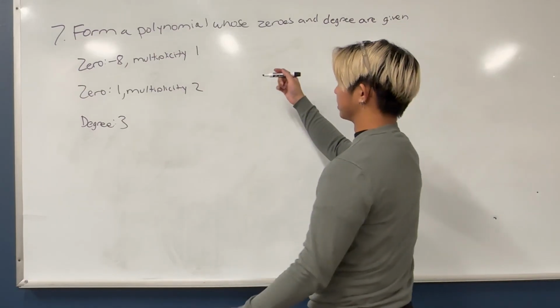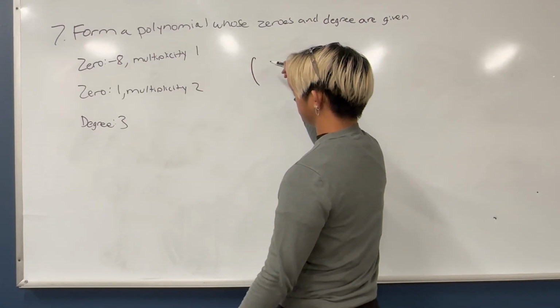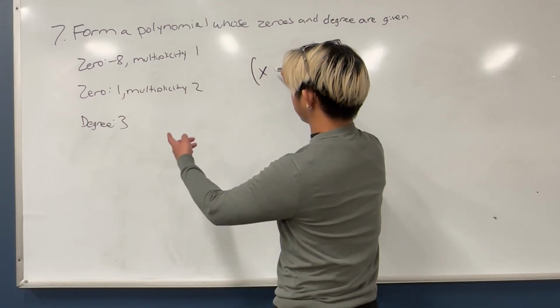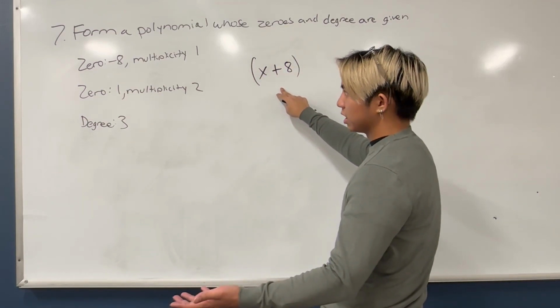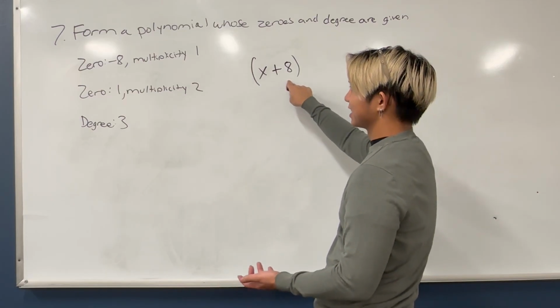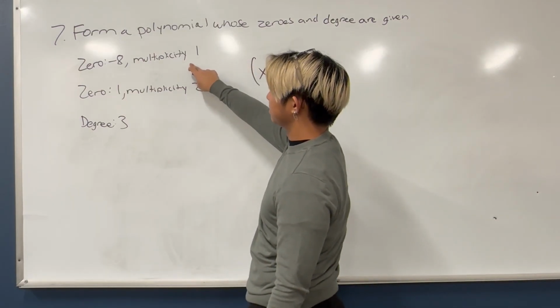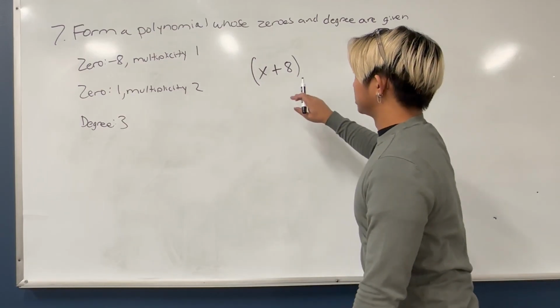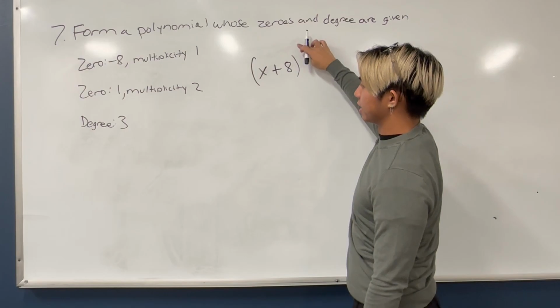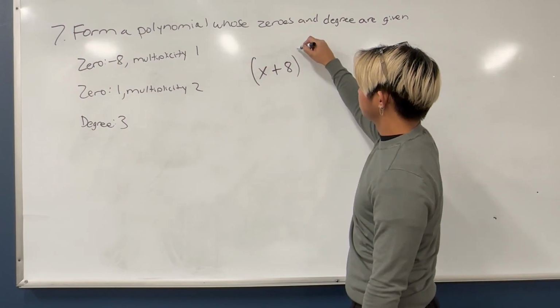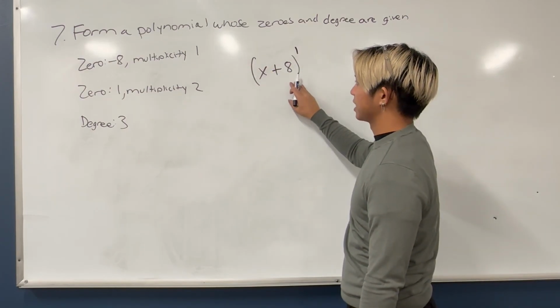If I were to plug -8 into x plus 8, I would get a 0, right? So pretty much it's x plus 8, and then they give us multiplicity of 1. Multiplicity is usually just like the exponent on the factor. So it's just x plus 8.